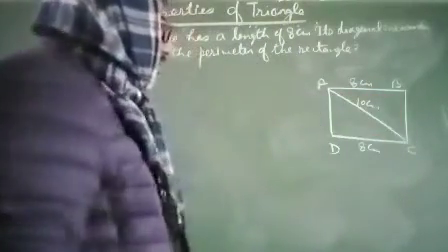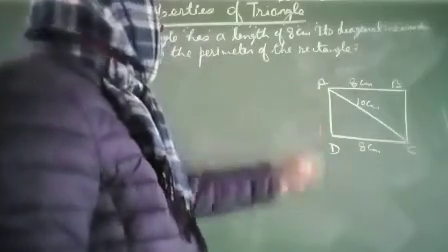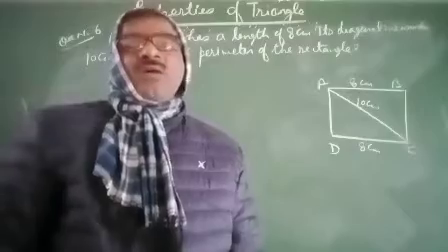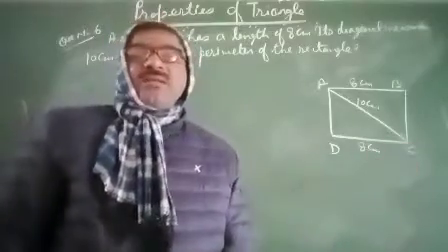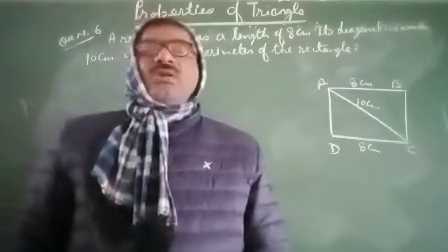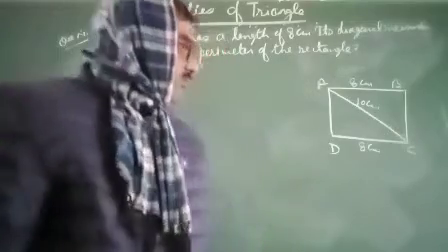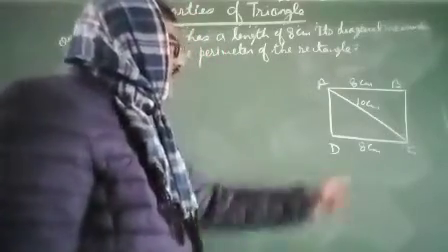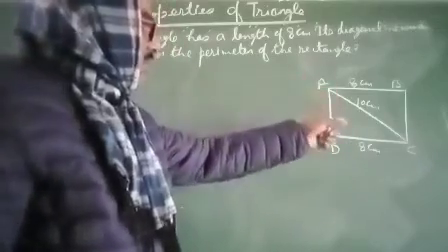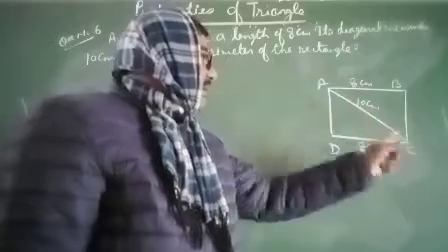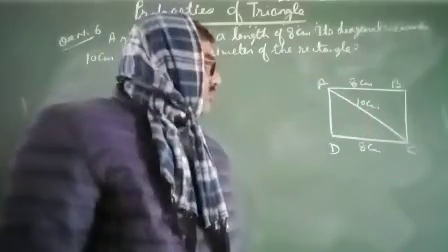Now we have to find out the breadth. When I find the breadth, then you can find out the perimeter of the rectangle, because perimeter of rectangle equal 2 multiply length plus 2 multiply breadth. So here we see this is a right angle triangle, and AC is the hypotenuse.